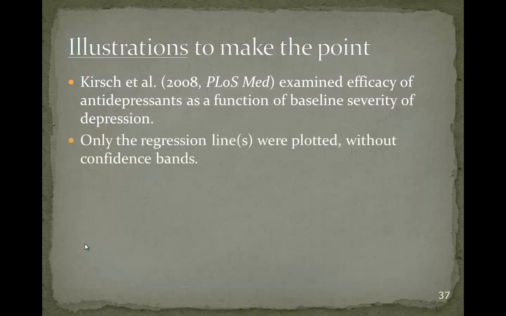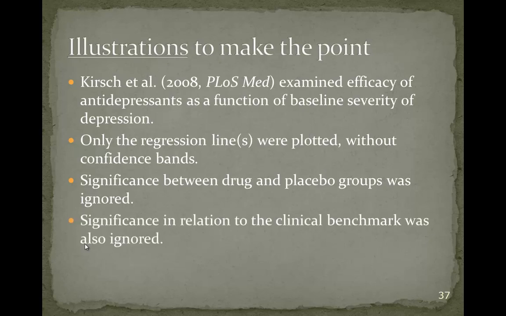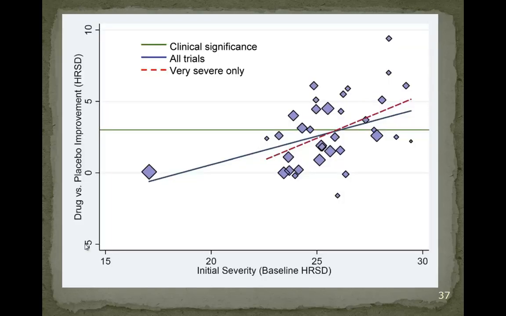Note that we have no confidence bands, and also significance between the drug and placebo groups was ignored, and significance in relation to the clinical benchmark was ignored. So here's our graph. This green line is a clinical benchmark.